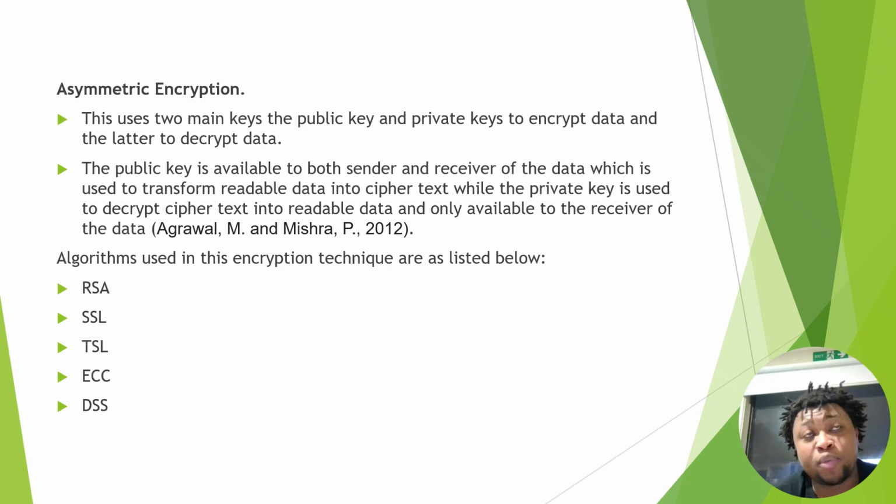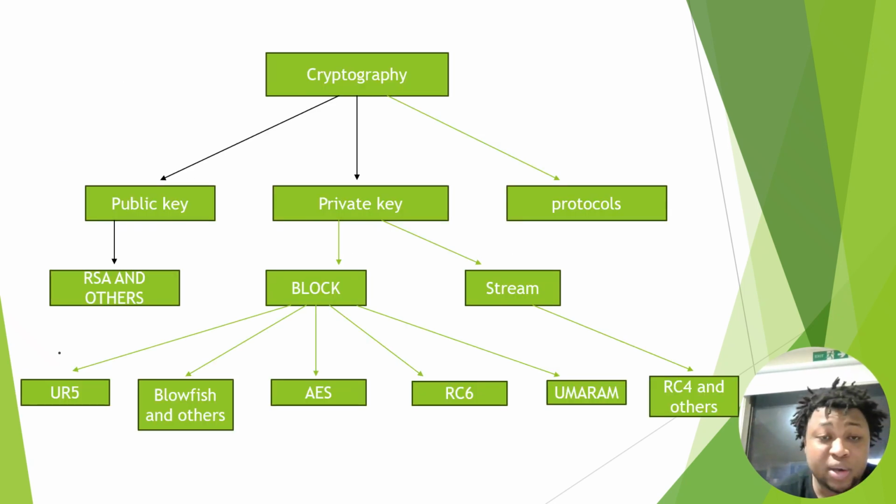Upon receiving the data, the receiver of the message has access to what we call the private key. The private key decrypts the data from ciphertext into readable text. The algorithms used in this type of encryption are RSA, SSL, TSL, ECC, and DSS. We have a flowchart or a diagram here.